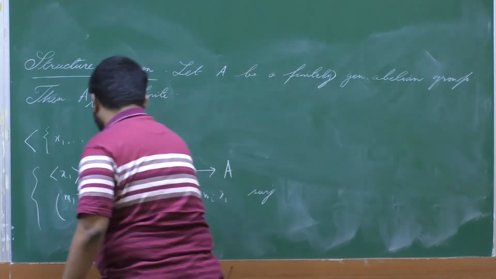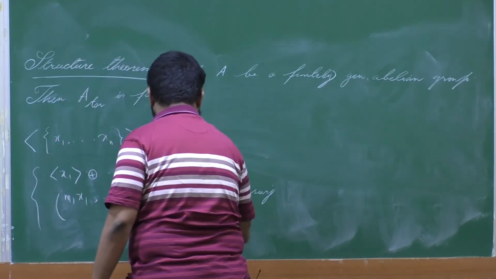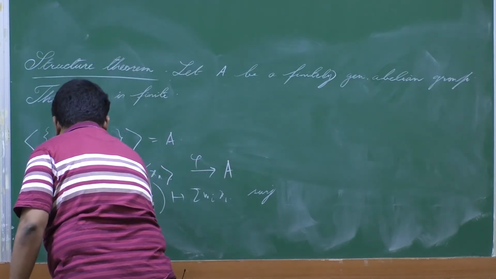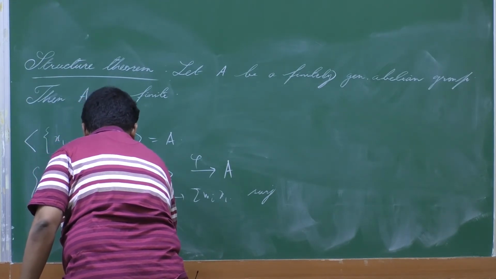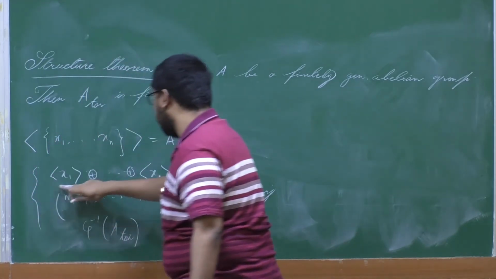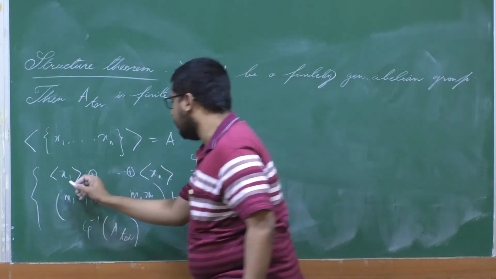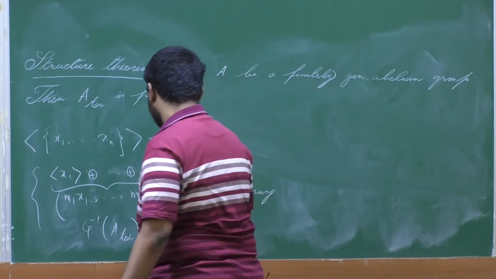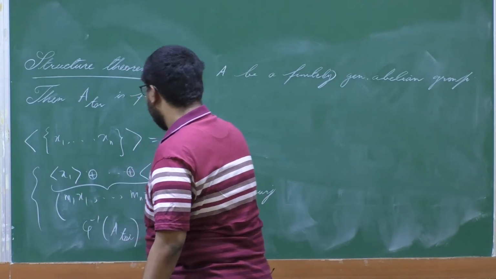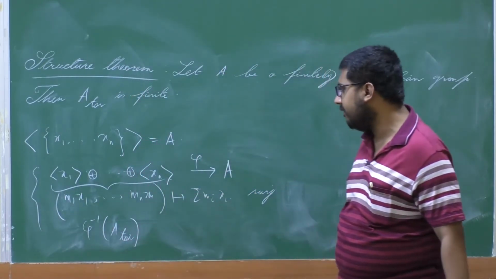Now what you do is very simple. If you call this map phi, let us come to phi inverse of A tor, that will be a subgroup. This is a free abelian group of rank n.